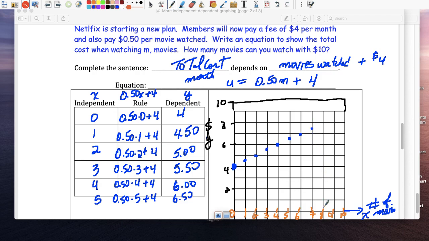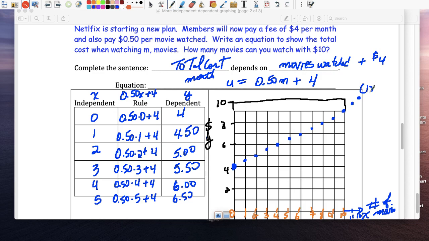That's better. 8 times 0.5 is going to be 4, so that's 8. 9 is going to be 8.50. And 10 is going to be $9. And then I'll just add 2 more, 11 and 12. 11 movies is $5.50, so that's going to take us to $9.50. And then 12 is $10. And that's our answer.